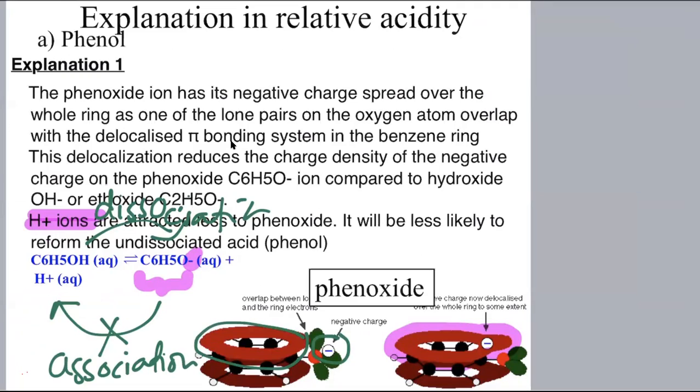It still has a negative charge of -1, it's just the charge density. So now this negative charge is weaker, therefore it doesn't attract H+. If it doesn't attract H+, then the reverse reaction doesn't happen. Association doesn't happen. This means dissociation must happen. The forward reaction must happen. And when you have a lot more dissociation, your acid is more acidic.